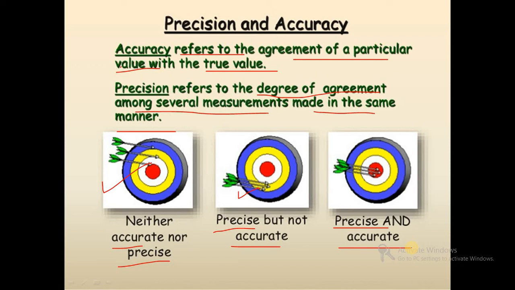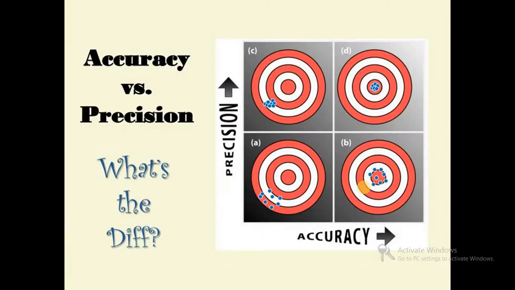Accuracy without precision is obviously impossible, but precision does not imply accuracy. When the results are very accurate, they are always precise. But when the results are precise, they may not be accurate. So accuracy depends on precision, but precision does not depend on accuracy.